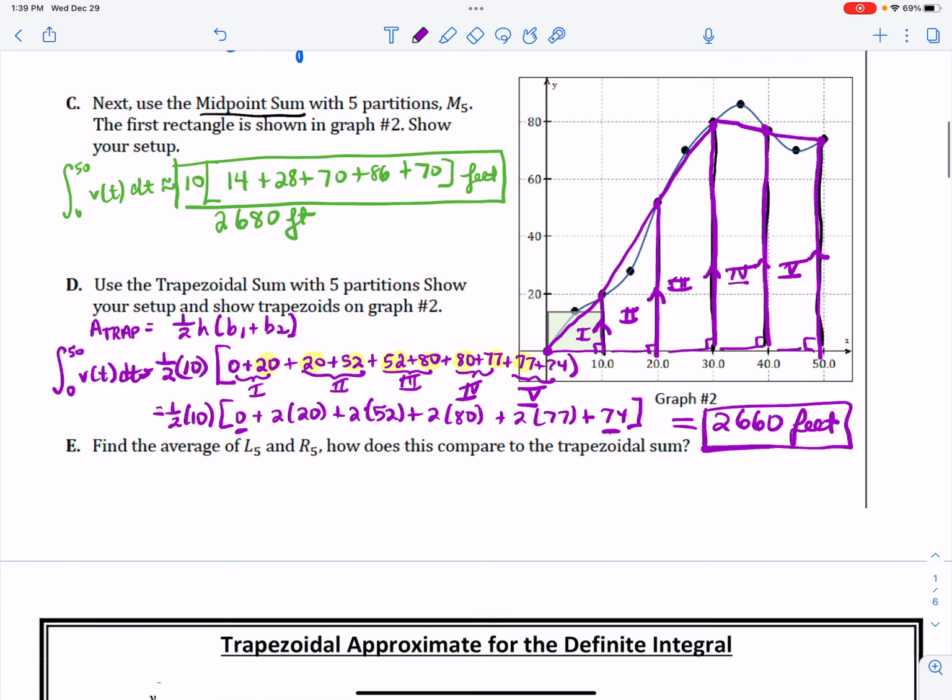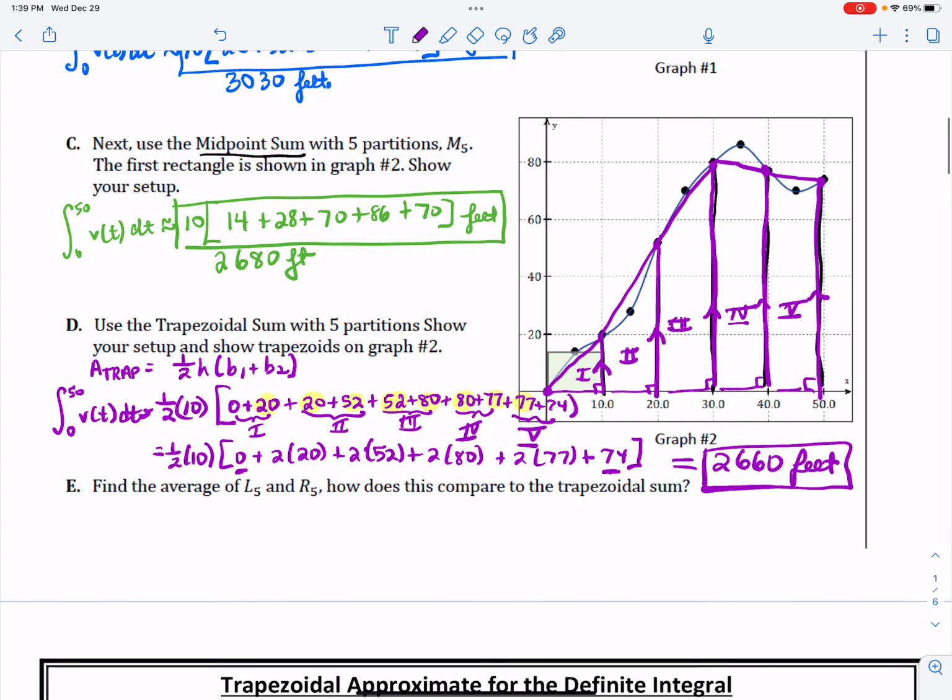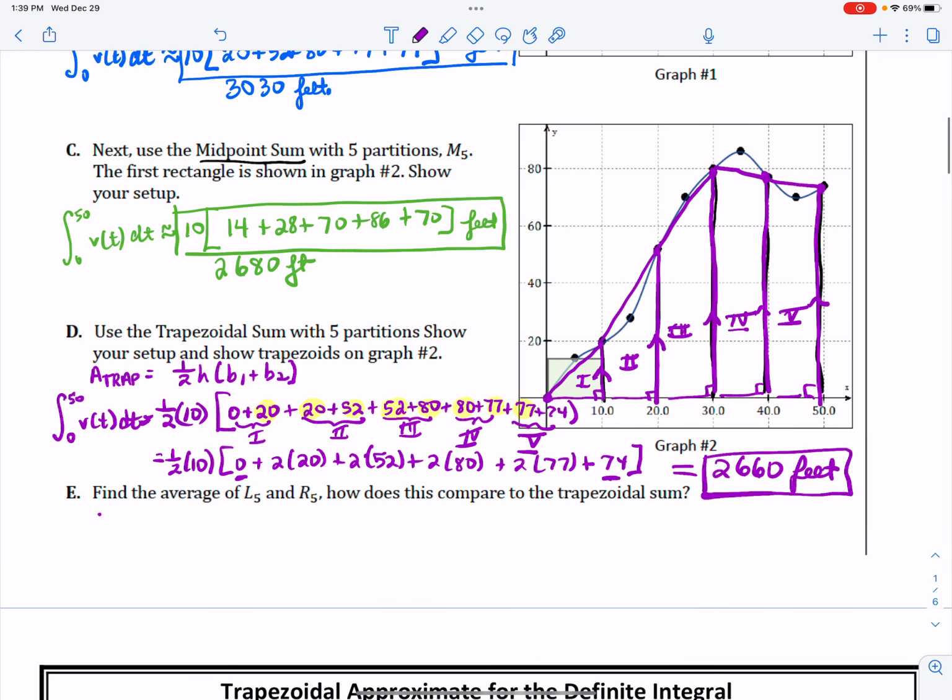So it turns out that if we average the left RAM and the right RAM, take the left RAM that we got and add it to the right RAM and divide it by 2, and this I really mean average, we have 2,290 plus 3,030 divided by 2.